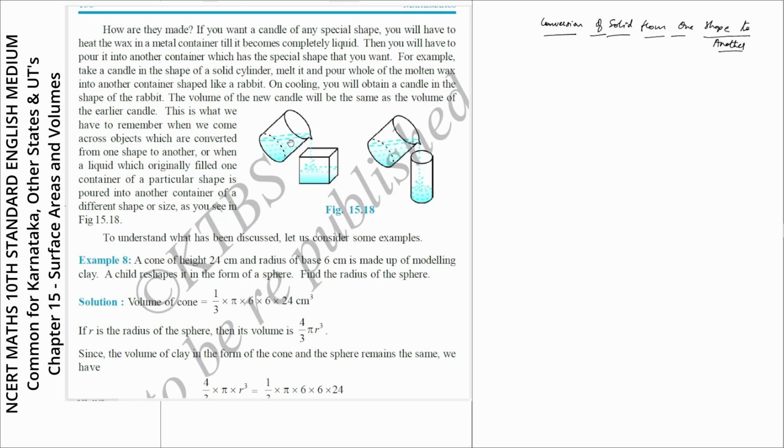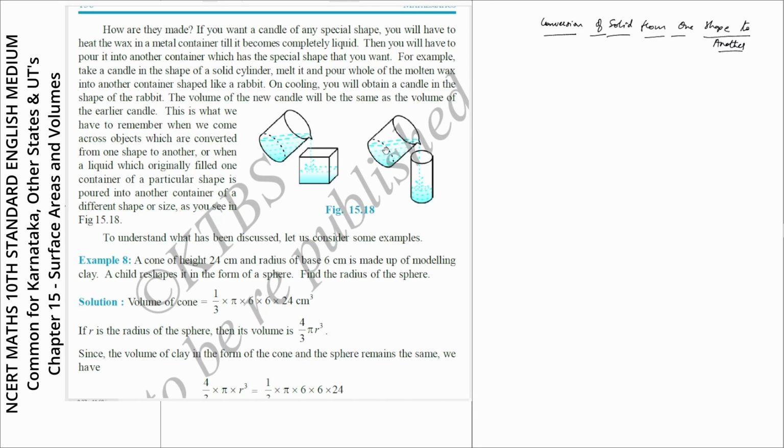Suppose after pouring, the water completely fills this cube, then the volume of this cylinder will be equal to the volume of this cube. When the water was in this cylinder, the height and the radius of the cylinder was something, but when we pour it into this cube, the dimension of the cube may be different. It won't be the same as the radius or the height.